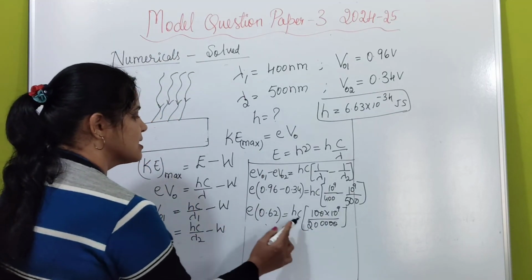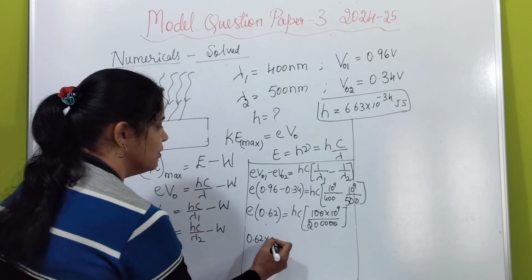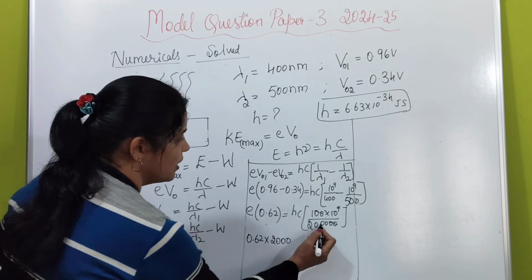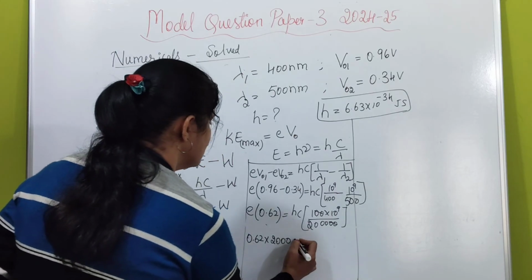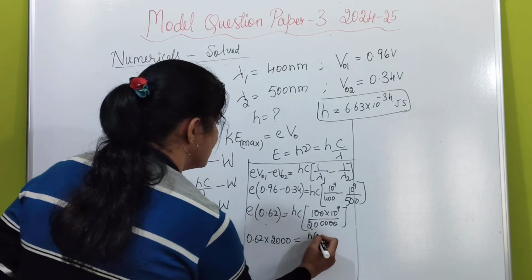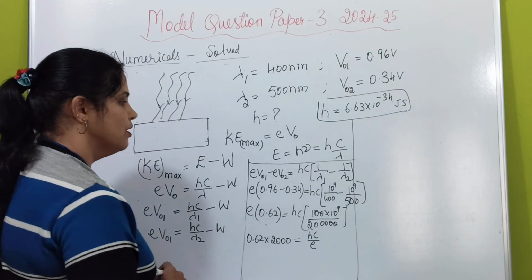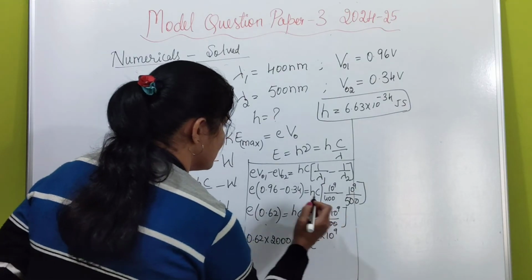Now in the next step you cross multiply this, that is 0.62 into 2000. How many zeros are there? Yes, 2000 is equal to hc by e. e comes to denominator. Is this clear for you? And 10 to the power plus 9 is there. Keep as it is.